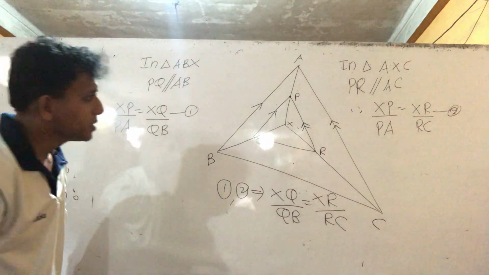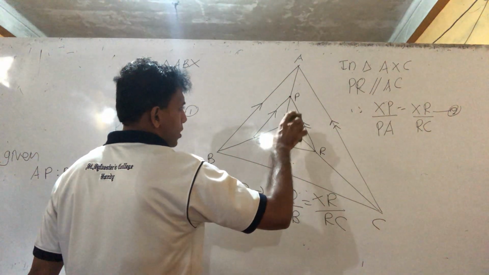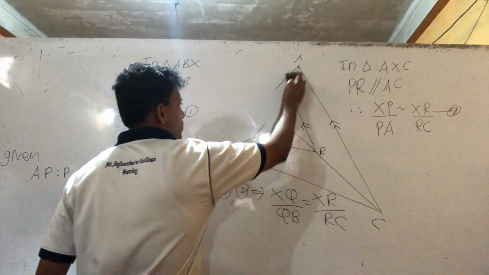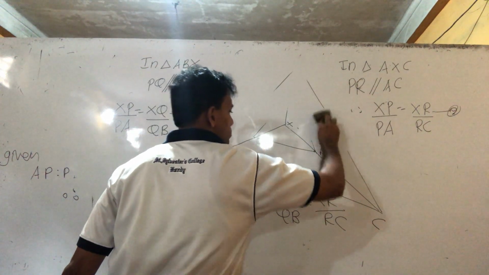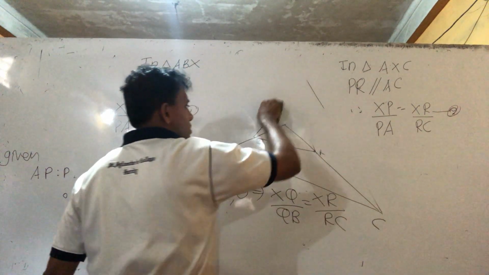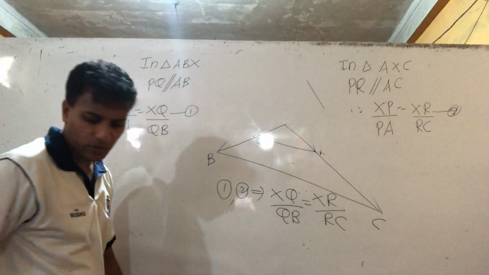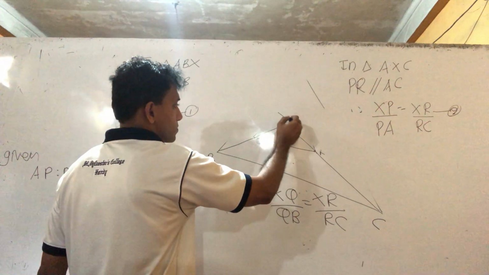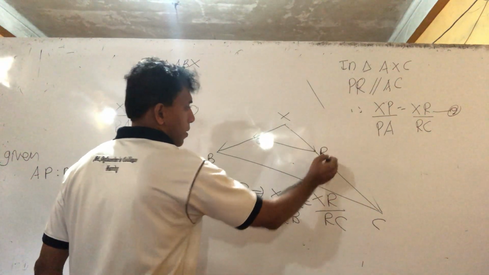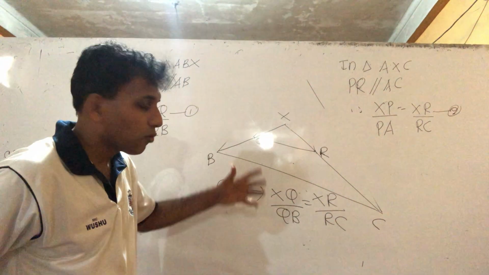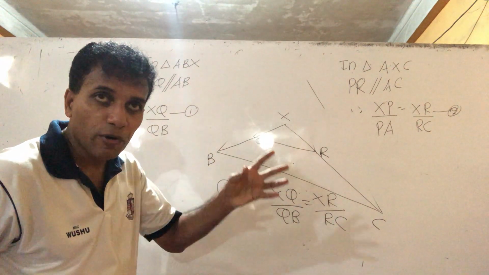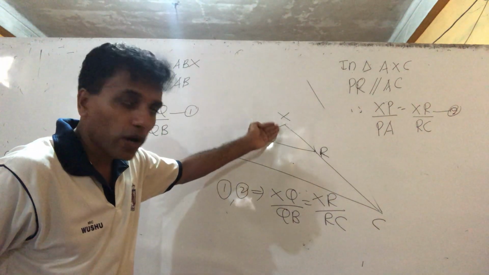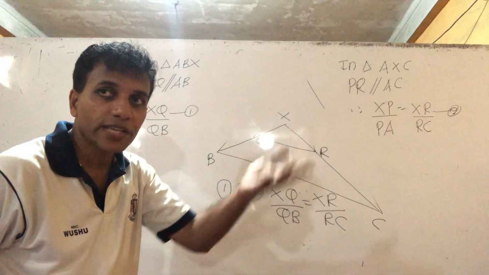See this triangle? For this triangle, if anybody says XQ is to QB equal to XR is to RC, what can you say?